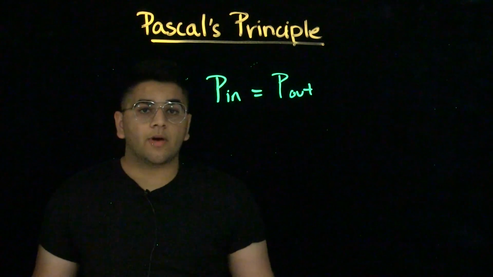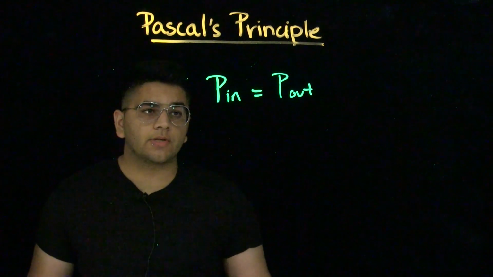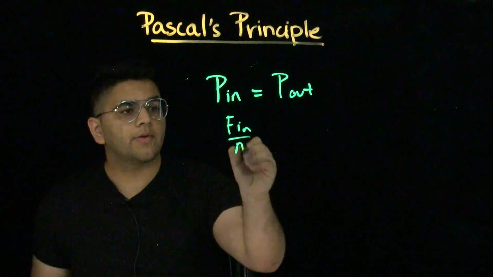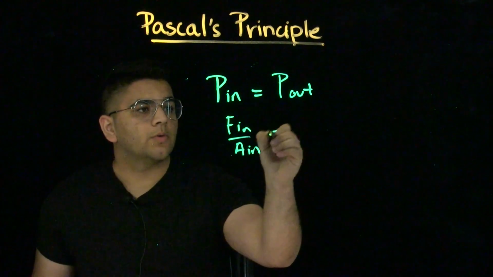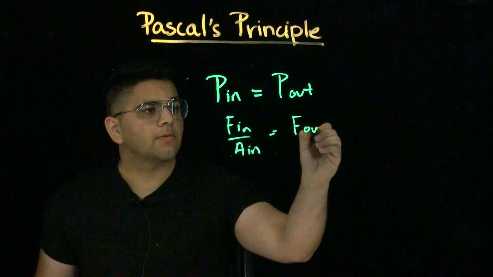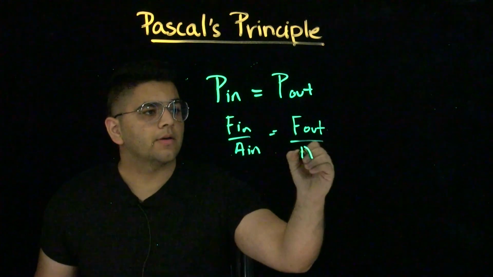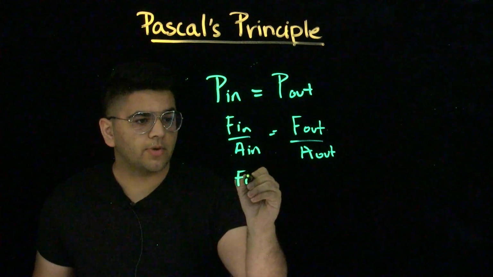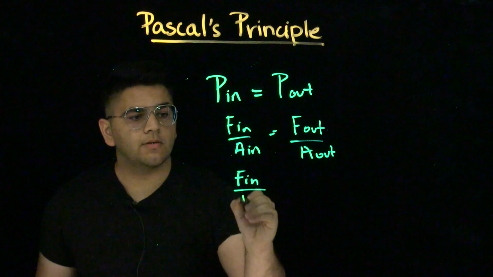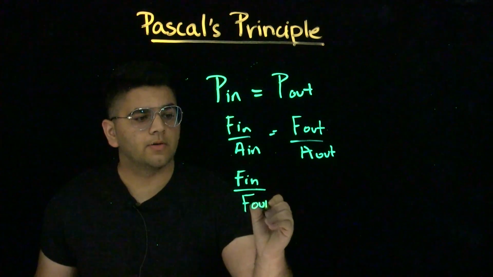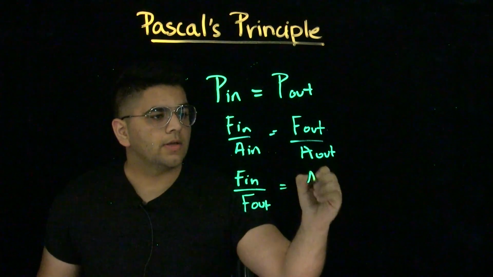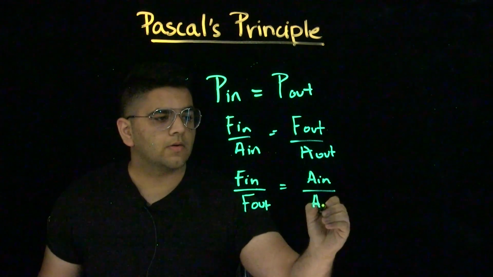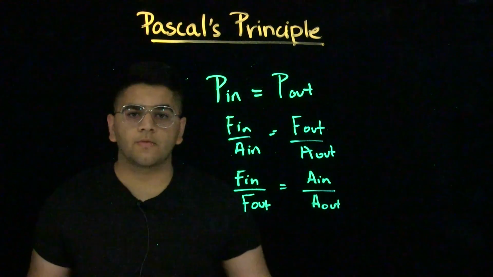From this, we can derive a more useful relation. So we know that force in over area in will equal force out over area out, which gives us a ratio for the force we put in and the force we get out of the fluid, which will equal the ratio of the areas.